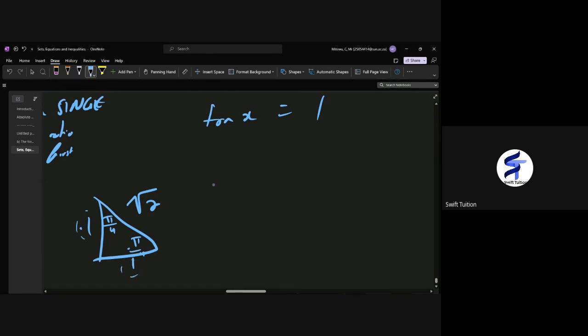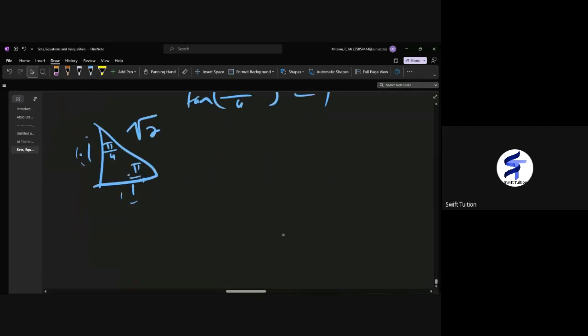The first time tan of x is equal to 1 is when x is pi over 4. So tan of pi over 4 is equal to 1. It's absolutely imperative that you find the links between these three things: the special triangles, the unit circle, and the graphs themselves.